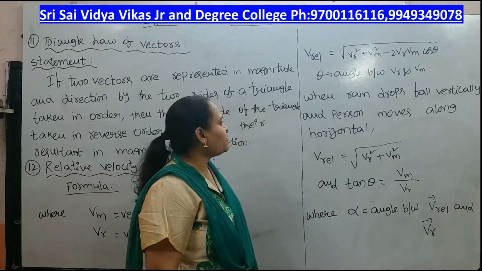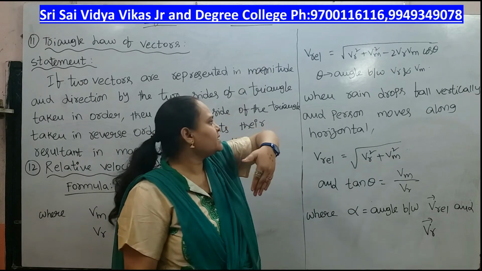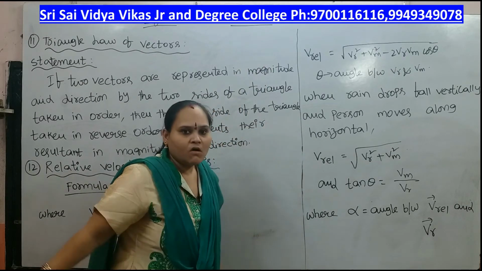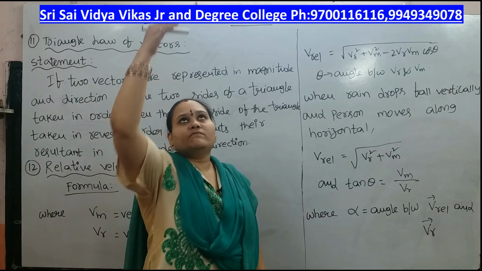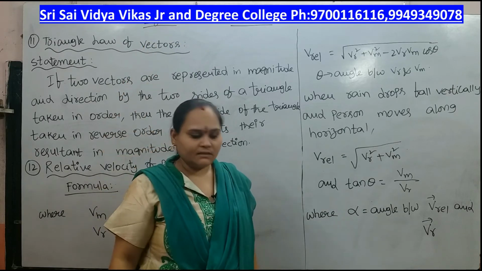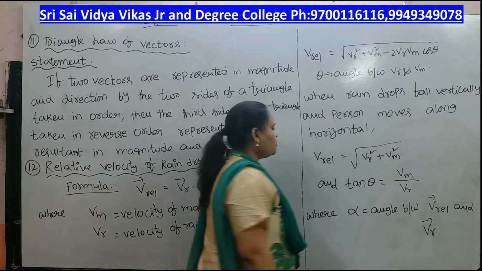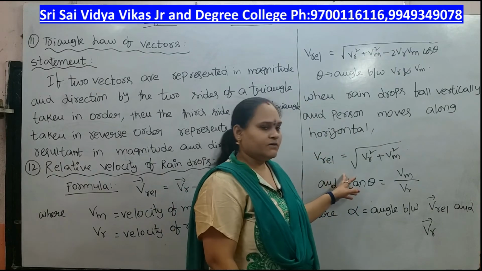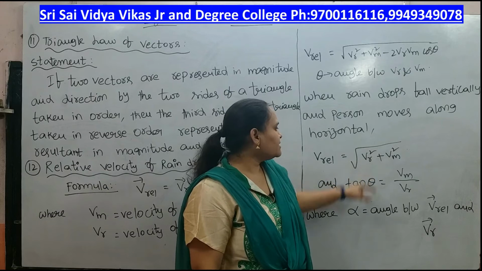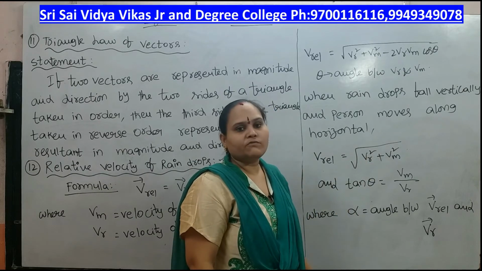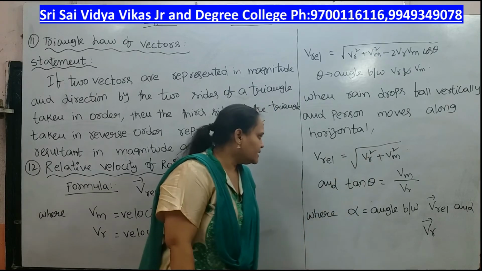When raindrops fall vertically and the person moves along the horizontal, that is, the raindrops fall vertically but we are moving along the horizontal direction, V relative will be equal to square root of V_R square plus V_M square.